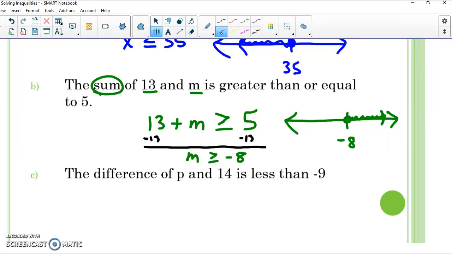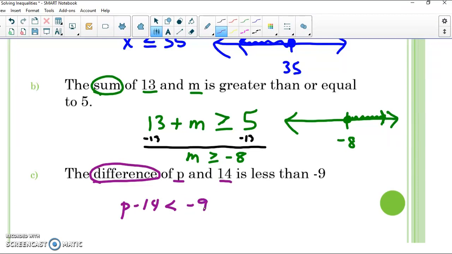All right, finally, part C, the difference of P and 14 is less than -9. So I see the word difference and the two values that I'm going to subtract, because difference means subtraction. And usually when you have it written in this way, you can just subtract in order that they come in the sentence. So we could say P minus 14 is less than, so I use my less than symbol, -9.